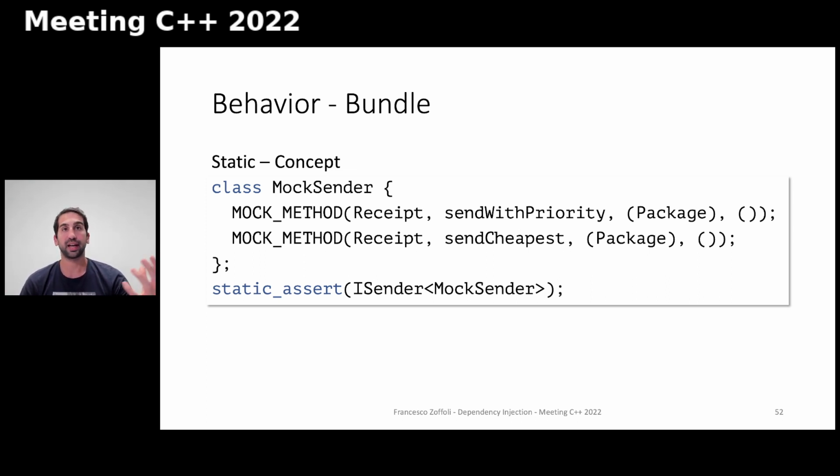In this case, I'm using Google Mock as an example, and we can validate that our mock sender, and notice that it is actually not implementing any interface, satisfies the ISender. So we actually get both behaviors with the same library without having to learn anything new.